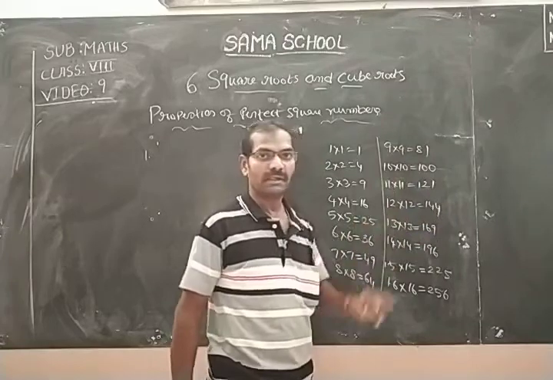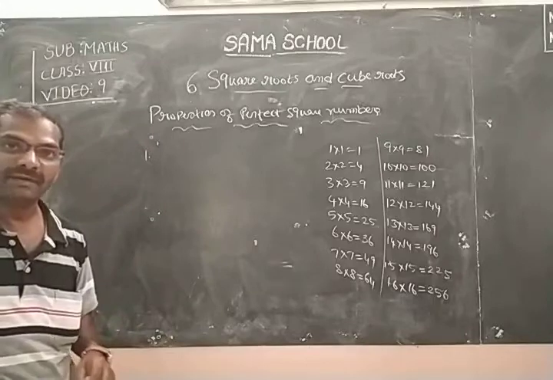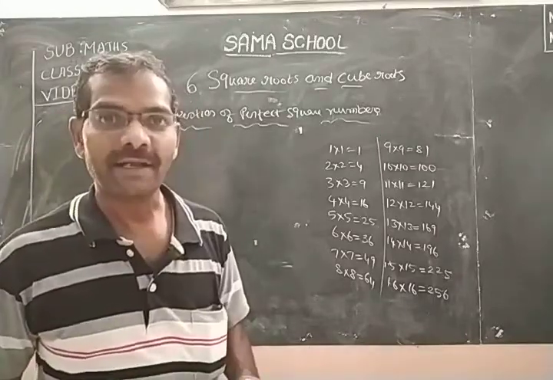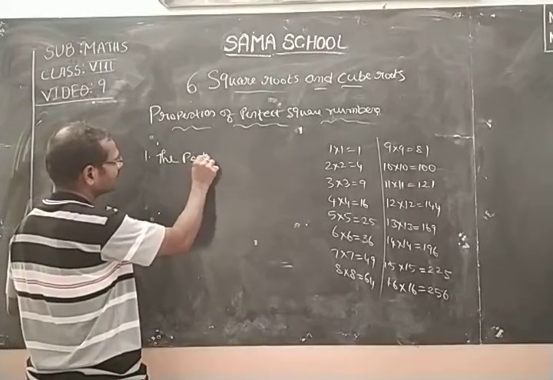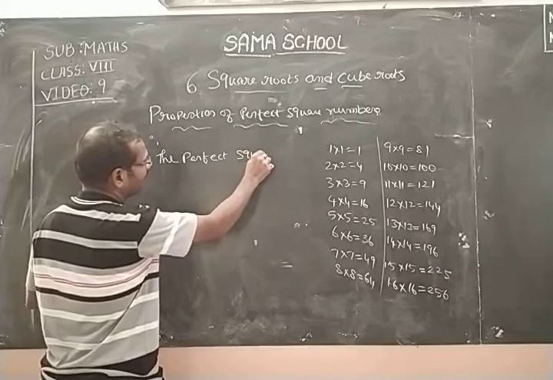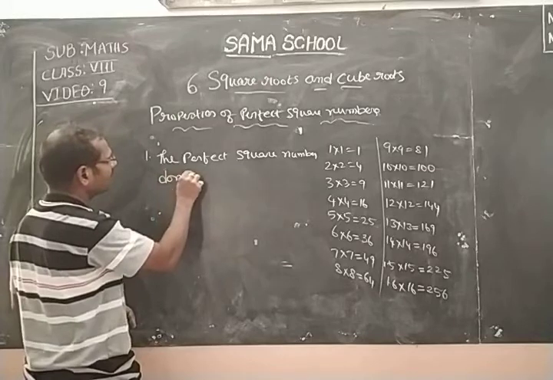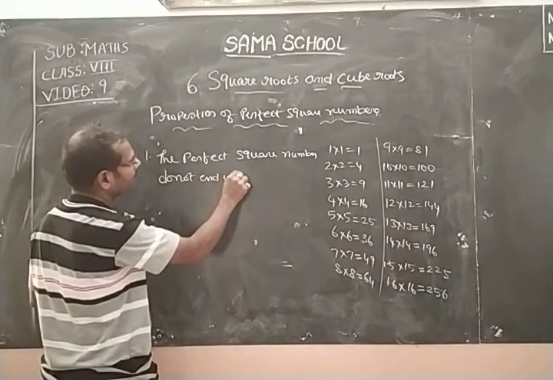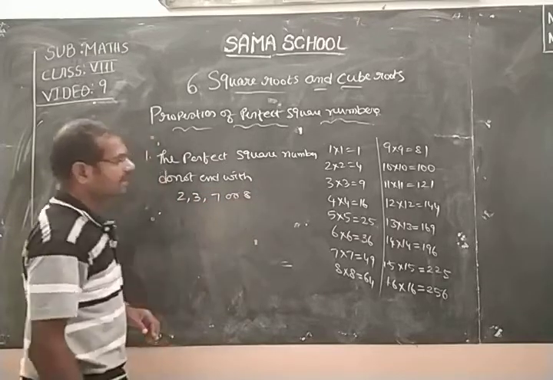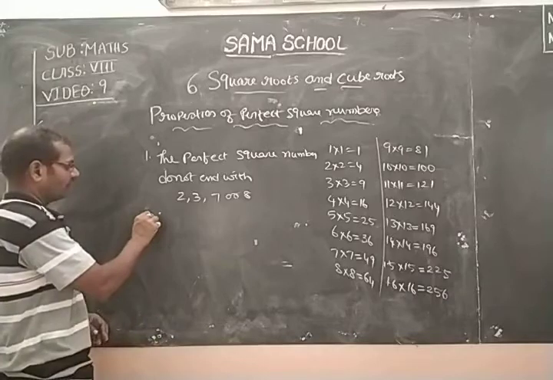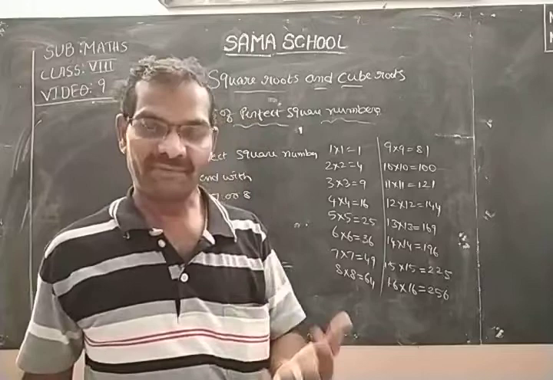So what you observe from this is that perfect square numbers do not end with 2, 3, 7 or 8. This is the first property. When anybody asks to check whether it is a perfect square number or not.